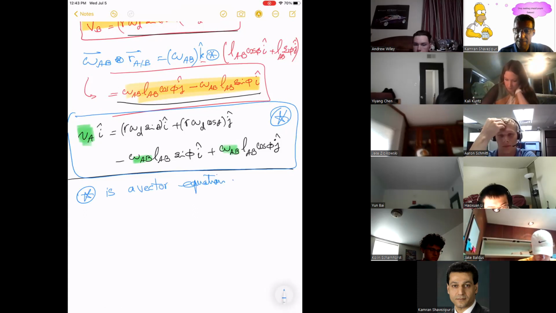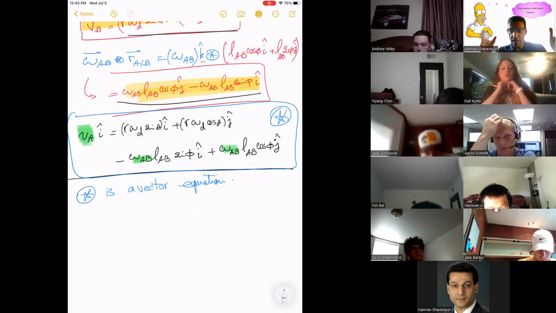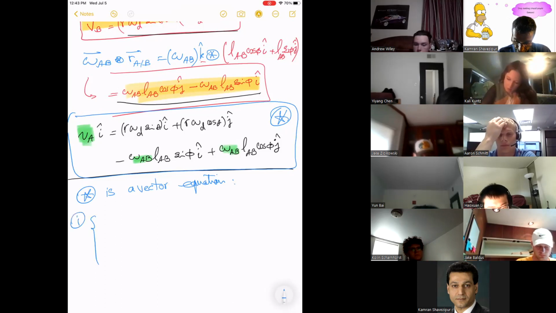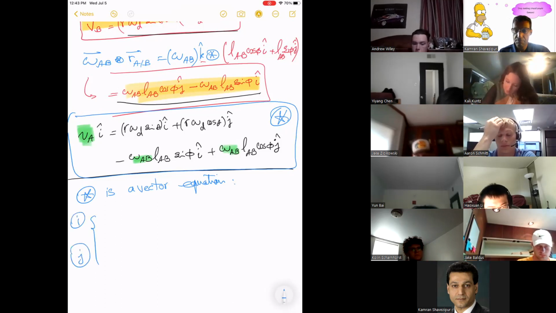Can I separate I and J components? Remember vector equations, I separate, J separate, K separate, right? You always do that. If that's the case, I'm going to separate I components and J components.